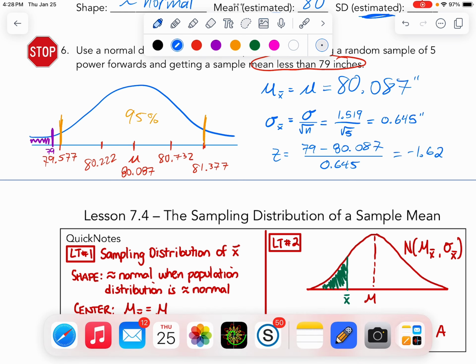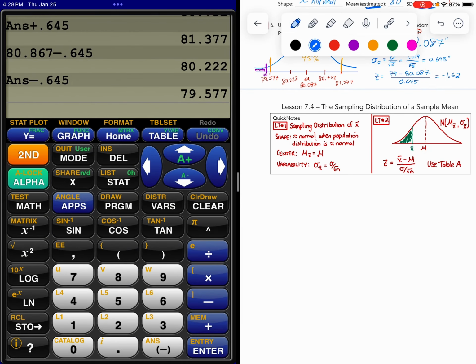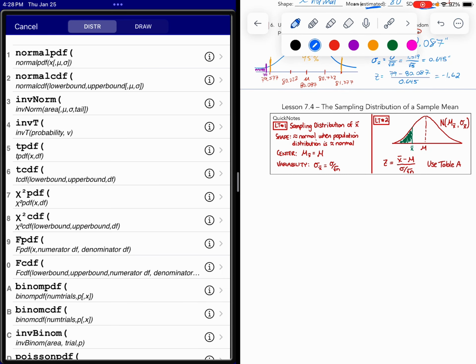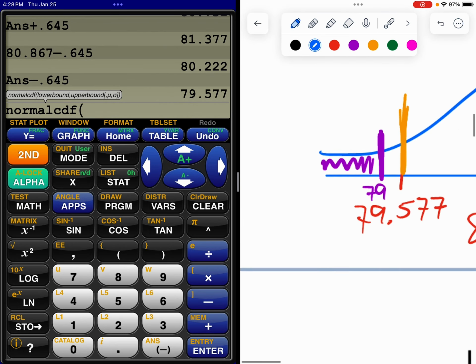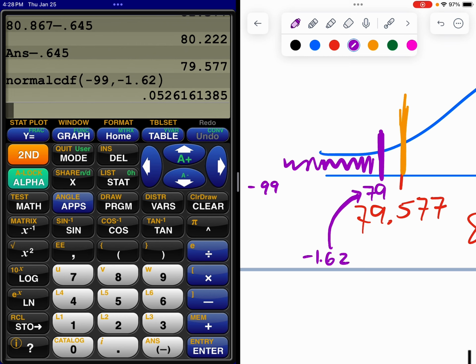I'll show you the calculator. Second distribution, normal CDF. Remember, what I just found here keeps going way down to a z-score of negative 99, and this z-score is negative 1.62. So my lower is negative 99, and my upper is negative 1.62.